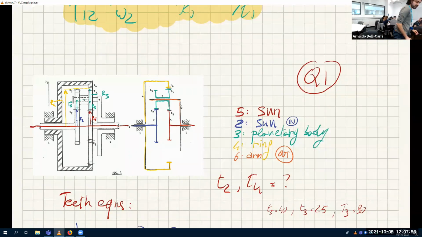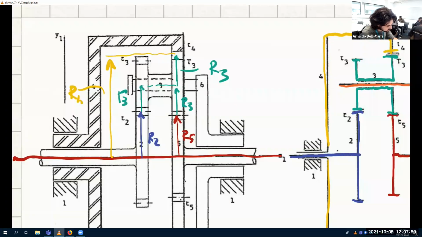I'll show you. Look here. R2, if you add the small R3, you get here in the middle. If you add the large R3, you get here. So what do you add now to get to R4? You can't add R3 because you end up here. You must end where the tooth of 4 is.